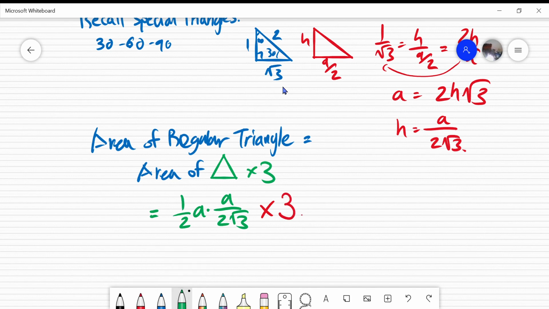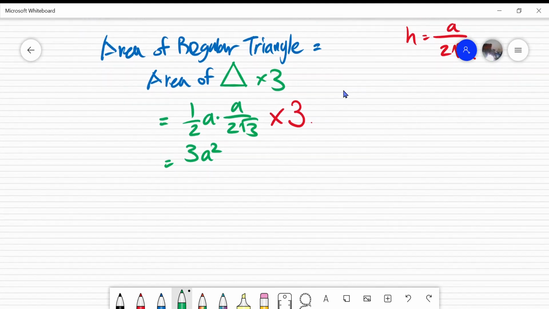Therefore, let's simplify this. We can simplify the top to be 3a squared, and the bottom is 4 square root of 3. And in fact, we can simplify further by multiplying both the top and bottom by square root of 3 to rationalize the denominator.